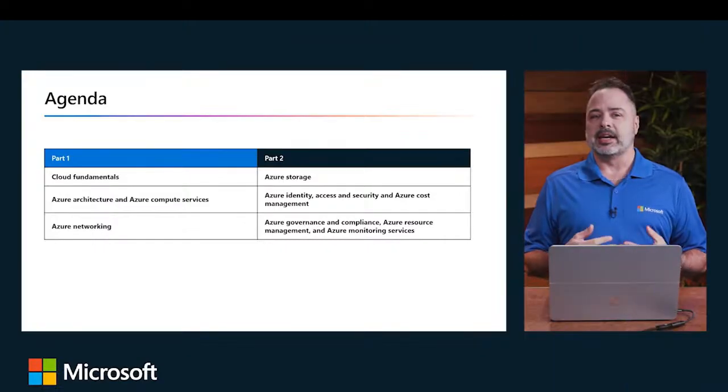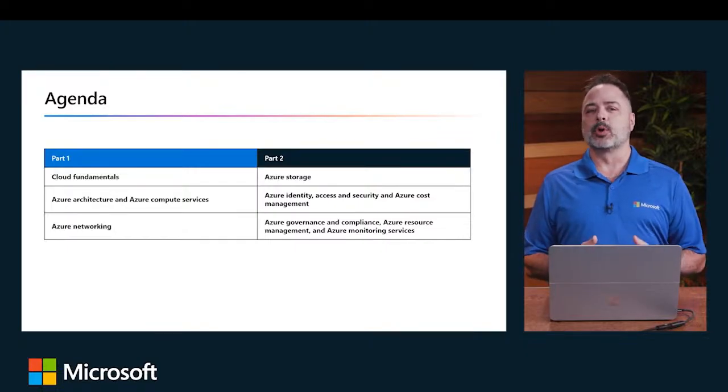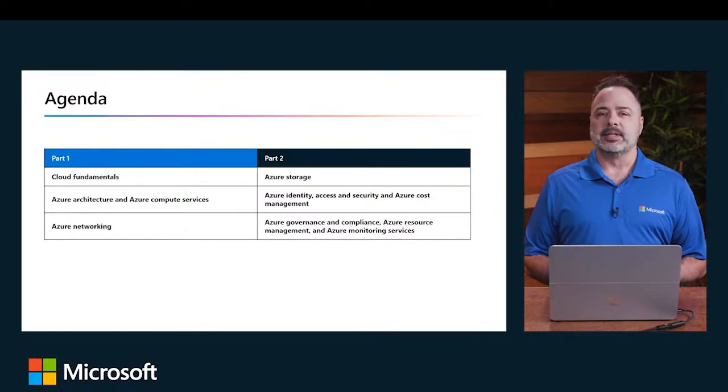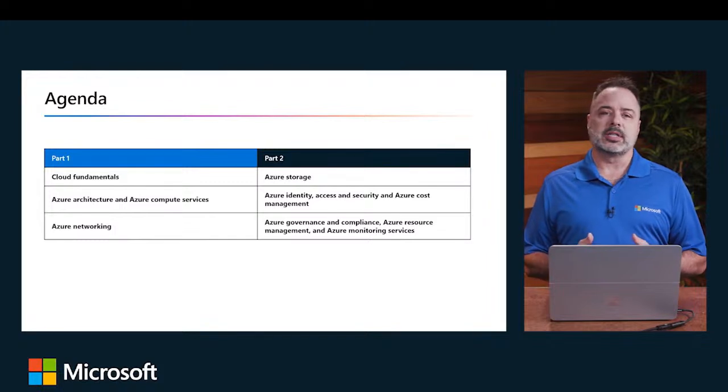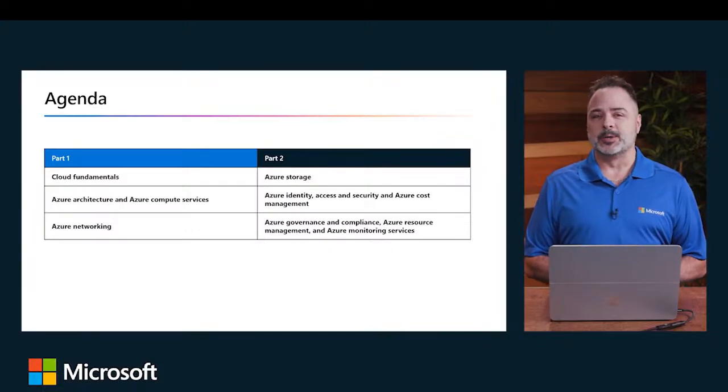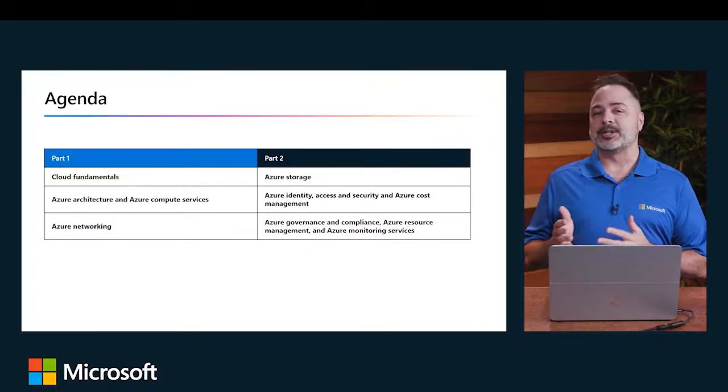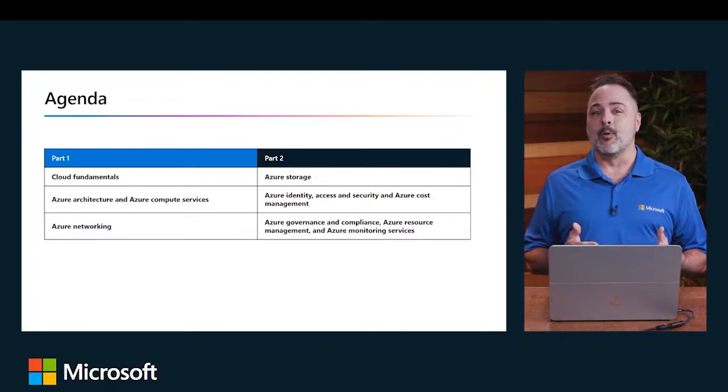This course is divided into 6 sessions across 2 parts. Part 1 starts with Session 1, where we'll explore cloud fundamentals. In Session 2, we'll discuss the Azure architecture and Azure Compute Services. We'll wrap up Part 1 with Session 3, which will cover Azure Networking. After Part 1, we'll begin Part 2 of the course with Session 4, which covers Azure Storage.